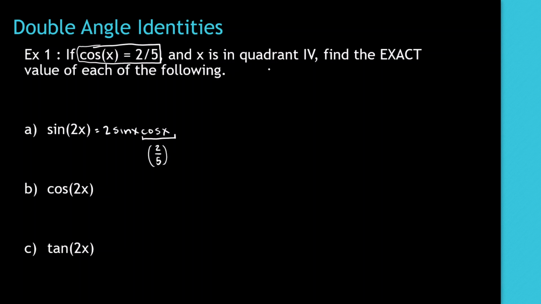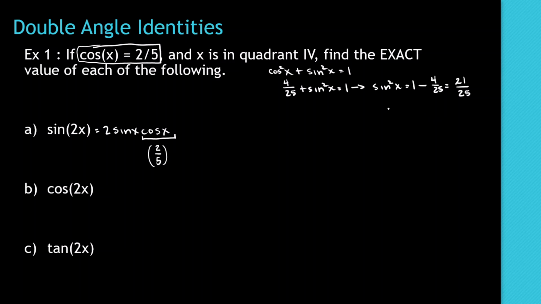Now that also tells me that cosine squared plus sine squared is equal to 1 by the Pythagorean identity. So cosine squared is 4/25. So that tells me that sine squared is equal to 1 minus 4/25, which is going to be 21 over 25.